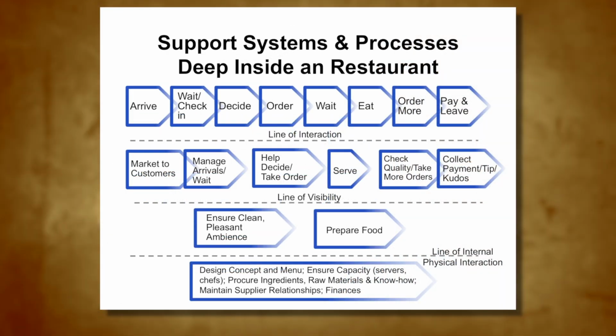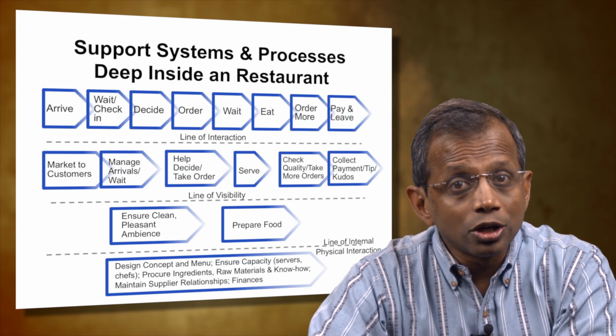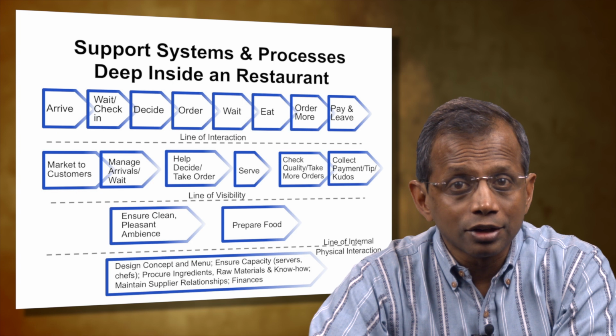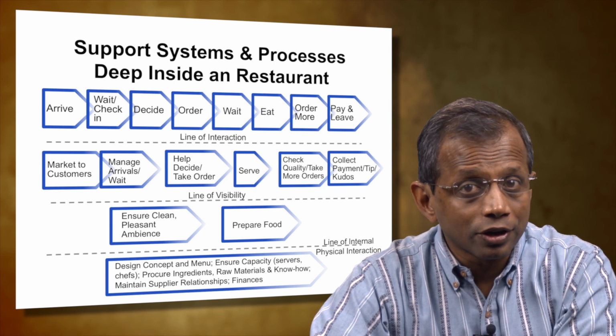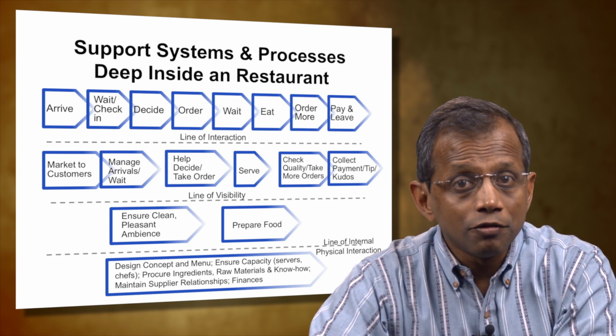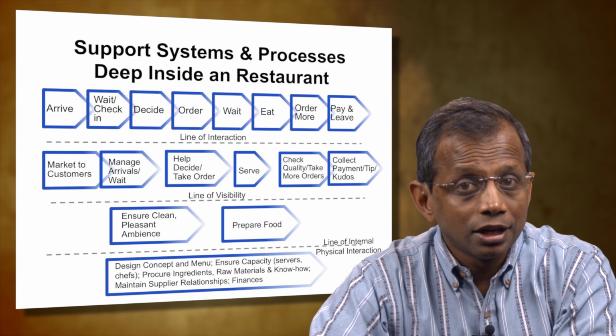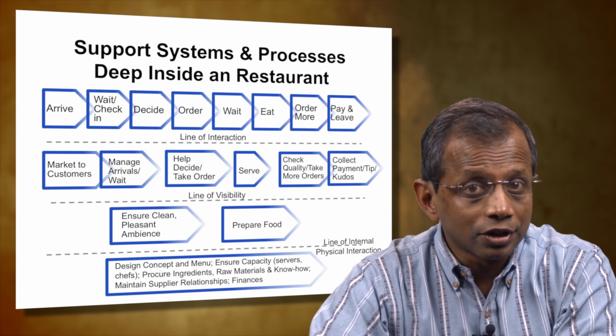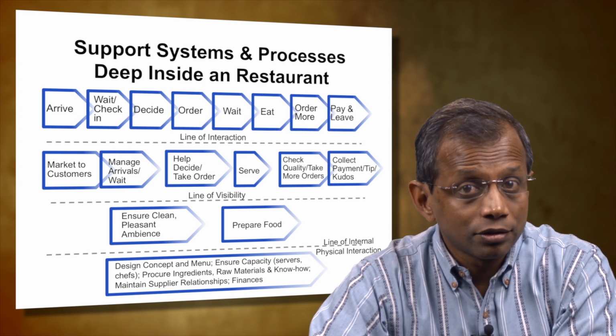Now, deep inside the service system, well below the line of visibility, there are support systems and infrastructure that help ensure the functioning and the success of the system. We need a good differentiated design concept and an appealing menu for customers to come here. We must ensure capacity, adequate supply of servers, even chefs.